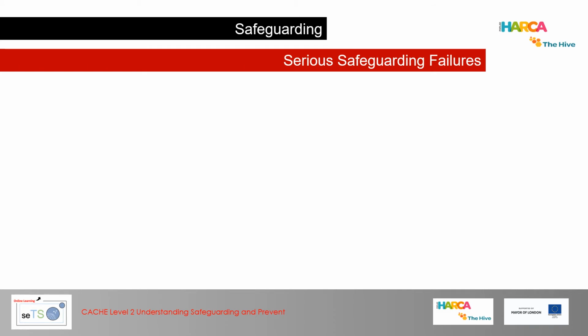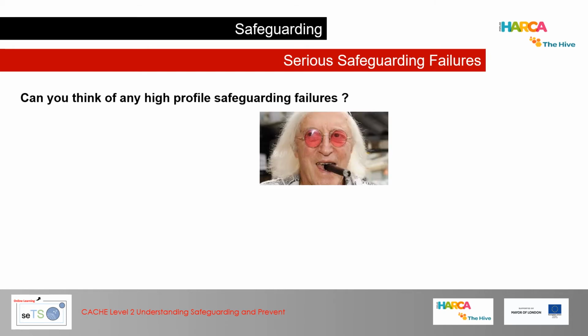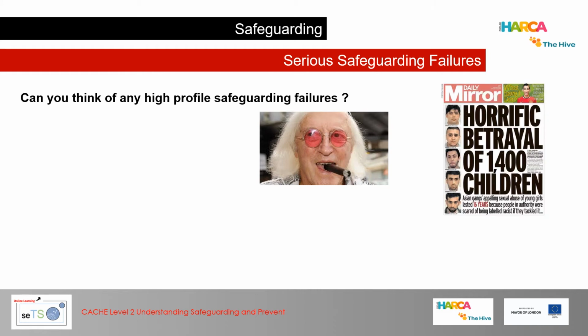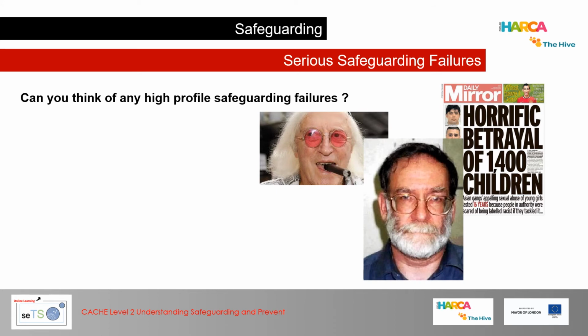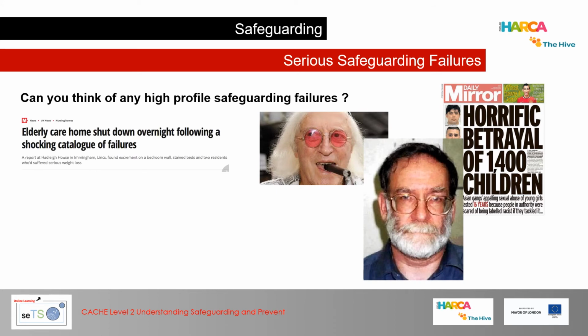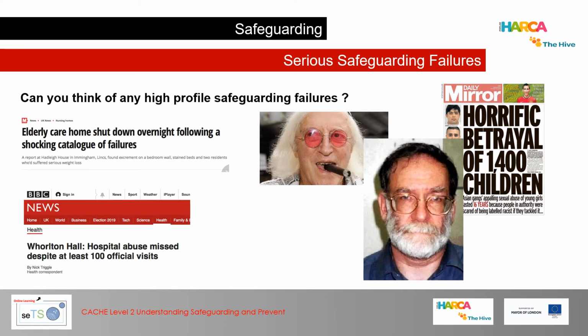Serious safeguarding failures. Can you think of any high-profile safeguarding failures, such as Jimmy Savile and Rotherham with a horrific betrayal of 1,400 children, Dr. Shipman, and elderly care homes being shut down overnight following a shocking catalogue of failures?